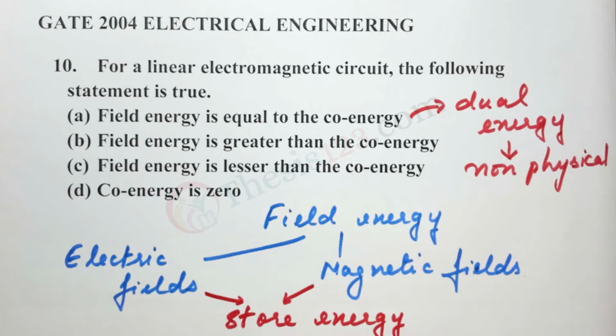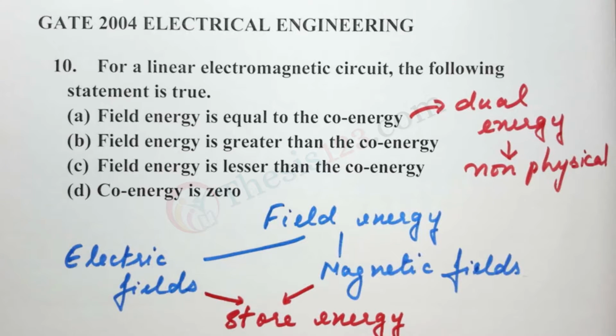So for a linear electromagnetic circuit, the field energy, the type of field used in the circuit, can either be an electric field or a magnetic field, and its corresponding core energy for a certain circuit has to be equal.